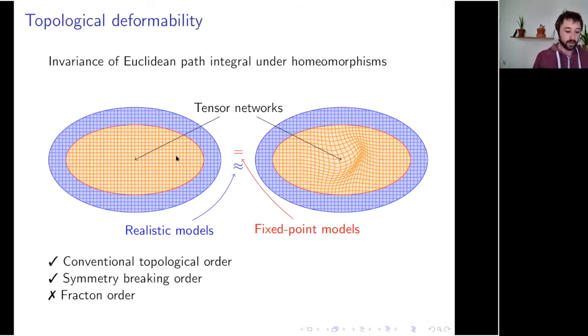On the other hand, there are so-called fracton phases, which some people refer to as topologically ordered. However, they do not have this type of topological deformability, because those are not defined on topological manifolds, but on foliated manifolds, and they have a slightly different type of deformability.